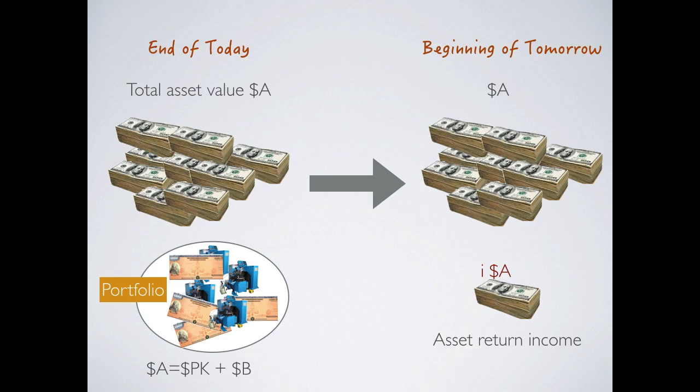We don't have to worry about the details of A, whether 50% of A comes from capital machines or 20% of it does. It doesn't matter, because at the end of the day, if the market is in equilibrium, then both options will give you the same rate of return.